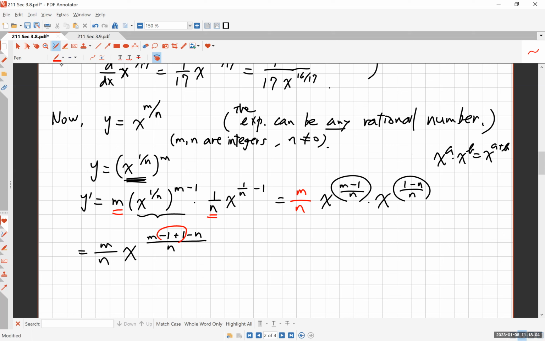You can cancel the ones. And so this eventually comes to be x to the m minus n over n. What is that? It's m over n times x to the m over n minus n over n, which is 1.